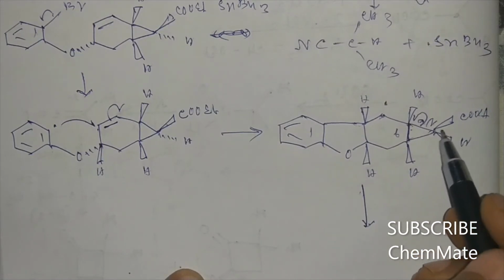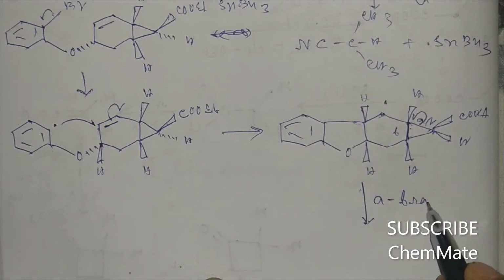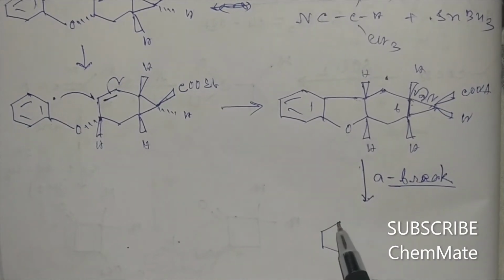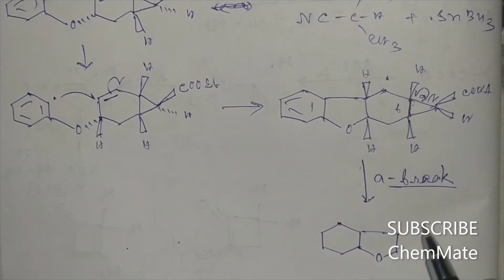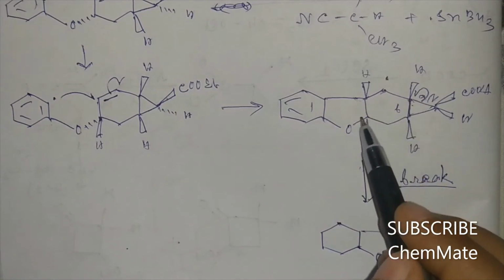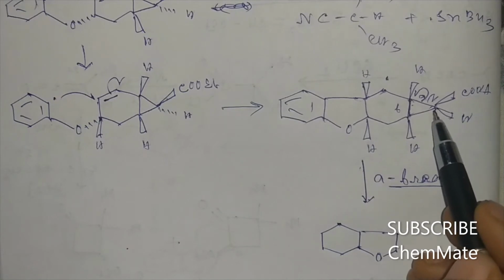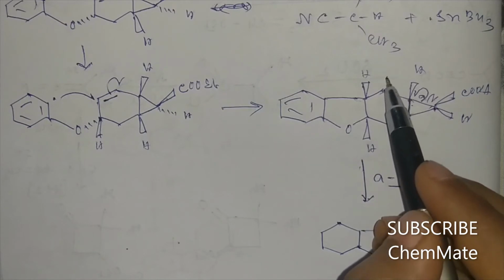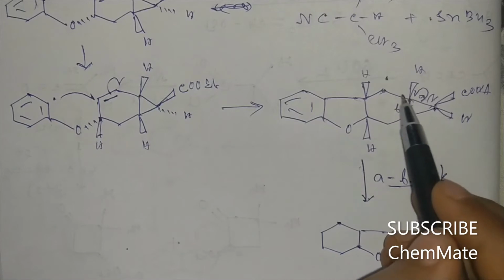If the A bond breaks, then the product will be here. This will be a six-member ring with this CH attached to it. A radical will be here, and here a pi bond will form because this radical will form a pi bond with this electron.